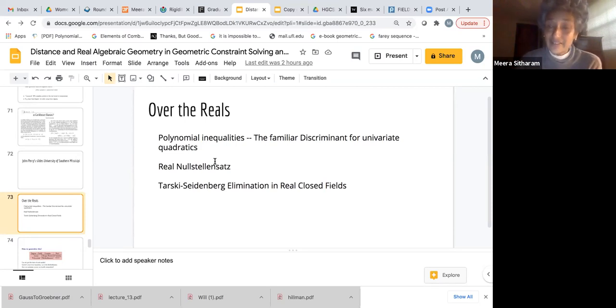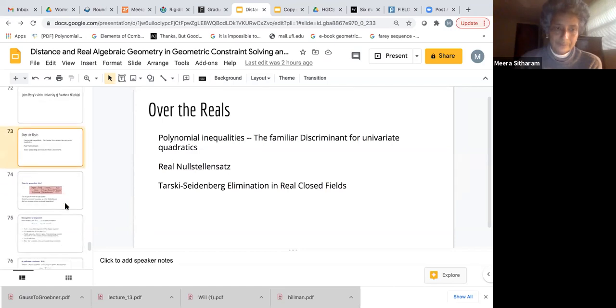But we care about real solutions. We want to ask whether there is a real solution to a system of polynomial equations, not whether there's a complex solution. So this weak Nullstellensatz that we had, we need to get a form of it that we can actually use for solving for real solutions.